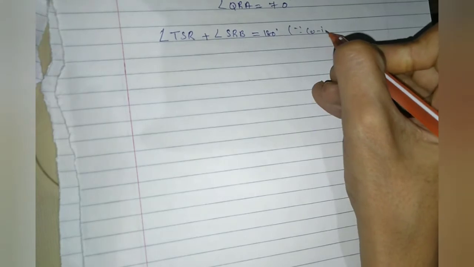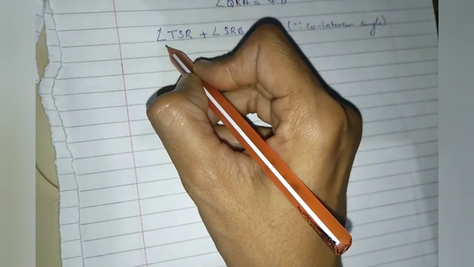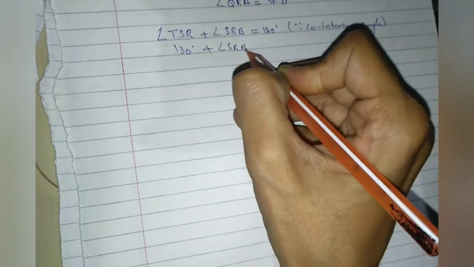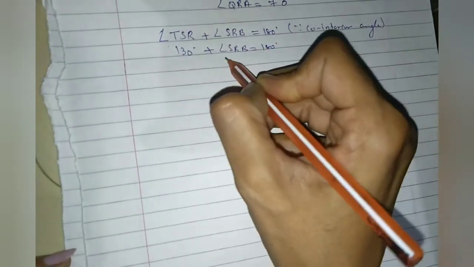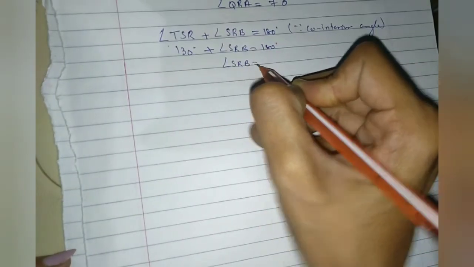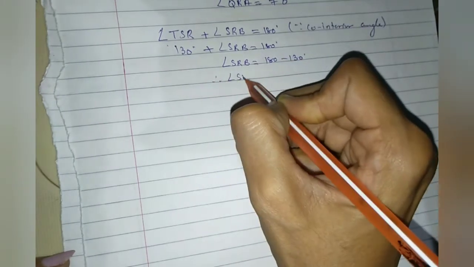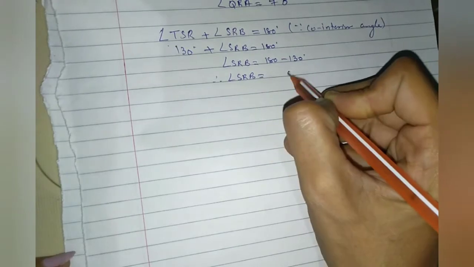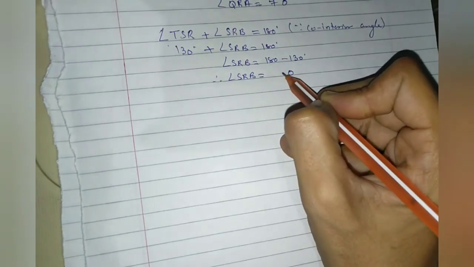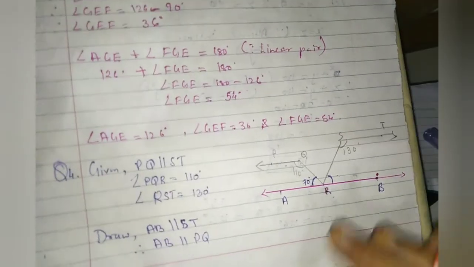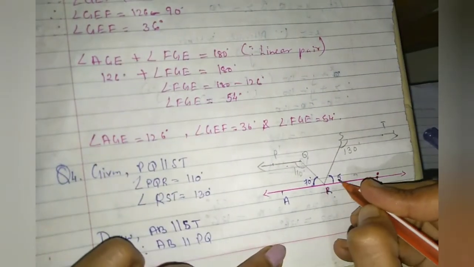Because it is co-interior angle. Okay, so one angle is given, which is 130, plus angle SRB equal to 180. So angle SRB equal to 180 minus 130. Therefore angle SRB equal to 50 degree. Now I am writing here in the figure it is 50 degree.